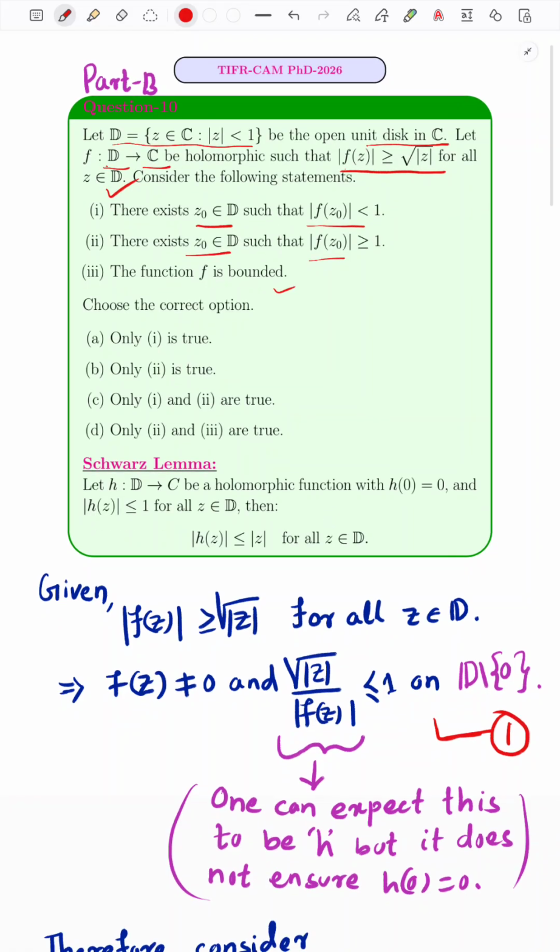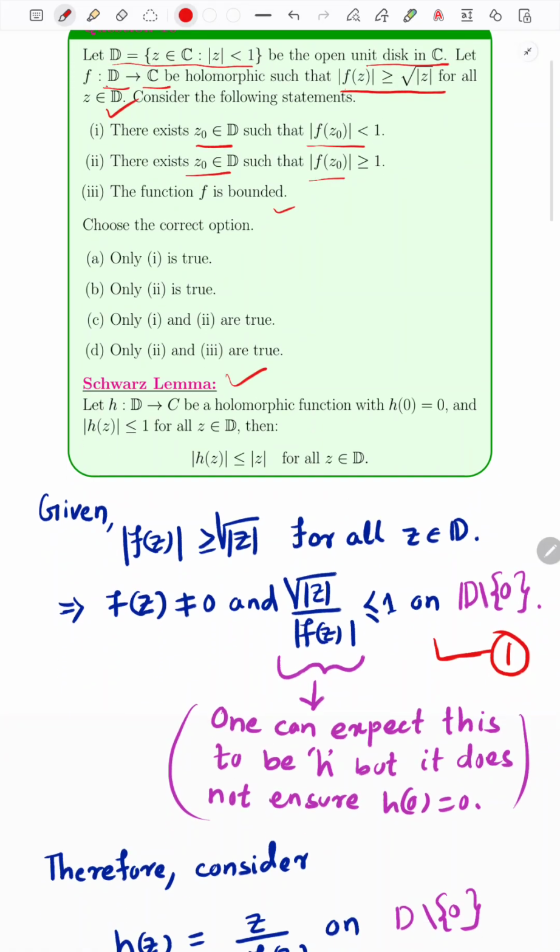The verification of options 1 and 2 is based on a very celebrated lemma called the Schwarz lemma. Let us recall its statement.